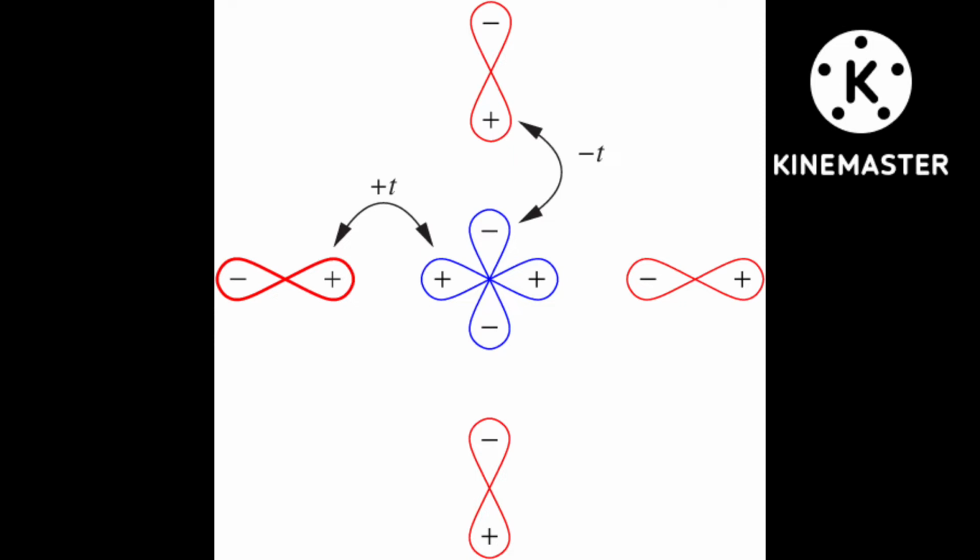According to Pauling, atomic orbitals combine to form a new set of equivalent orbitals known as hybrid orbitals.